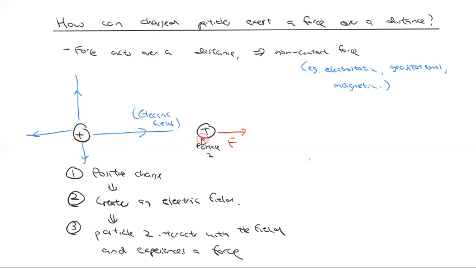And then some other particle, in this case, a positive charge particle here, will then, because of the field, feel a force. So we're not saying particle 1 directly repels particle 2, although in shorthand we say that. But if we want to explain it a bit more, we say particle 1 creates a field, and it's because of the field that particle 2 then experiences a force. Okay.